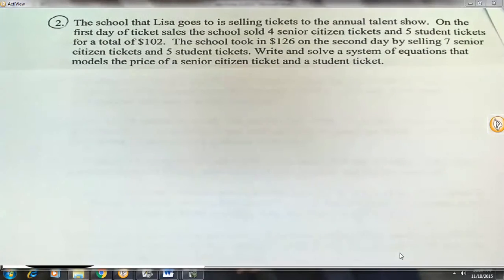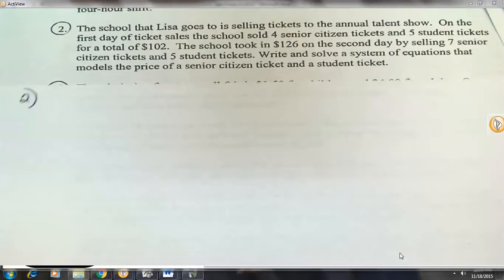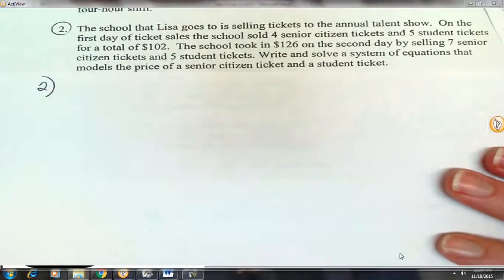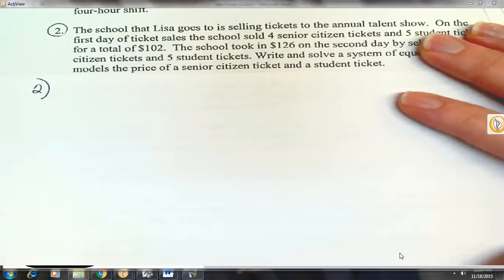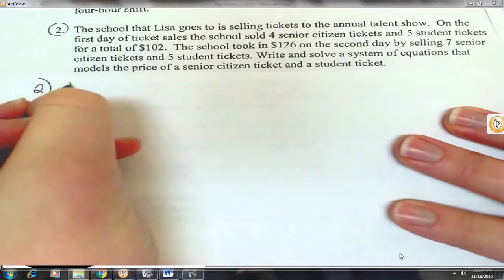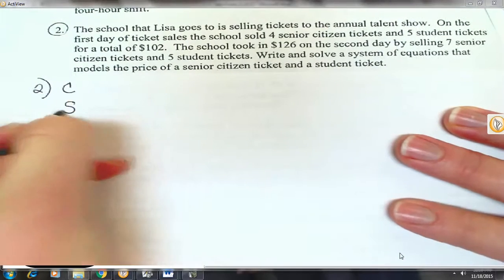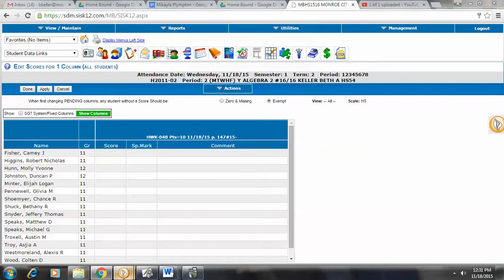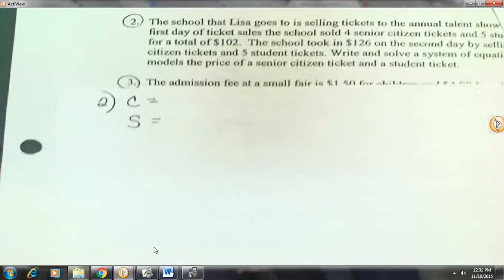Alright, so whenever we're solving a problem, we are going to have to start by defining our variables. There are a couple of things here in this situation that we don't know. You can use whatever variables you want. I'm going to use the variables c and s for this problem.